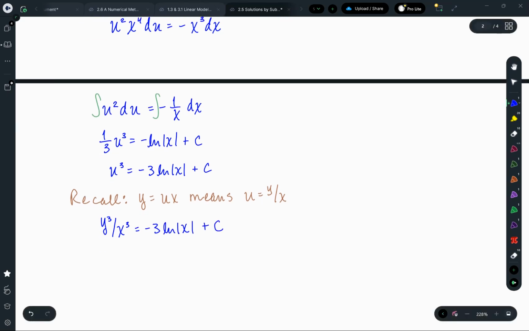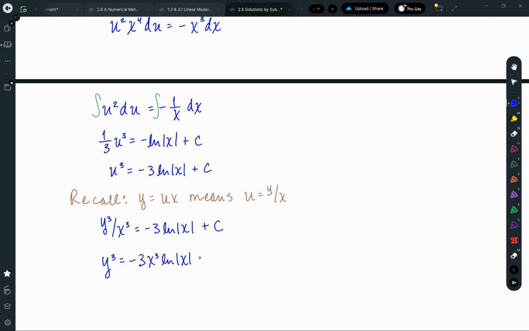And now we would isolate the y cubed so that y cubed is minus 3x cubed natural log of the absolute value of x plus cx cubed. Now this time when I multiplied the c by something, that something was a variable. So it doesn't just become plus c anymore. Now it's c times the variable x cubed.